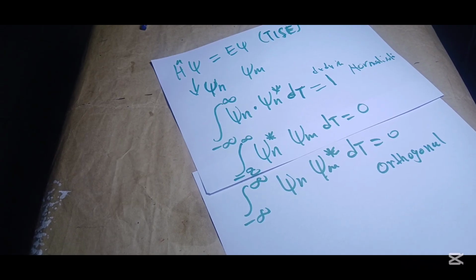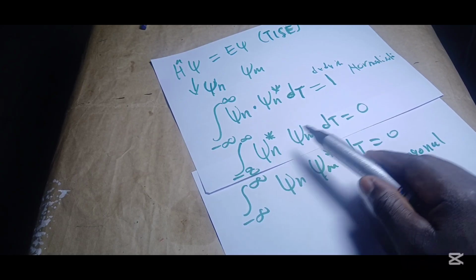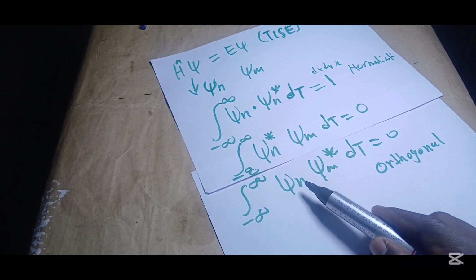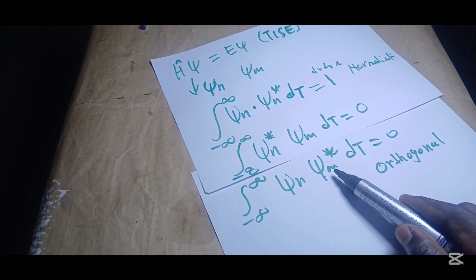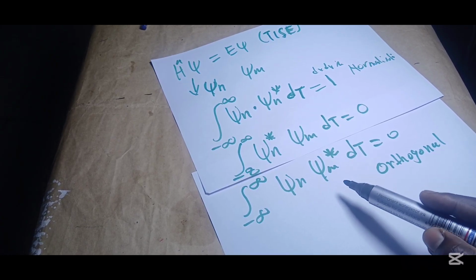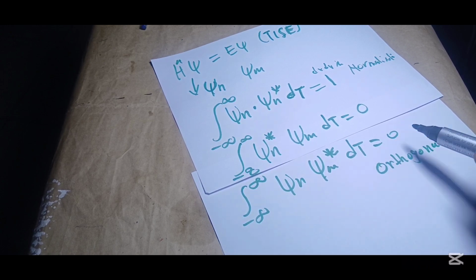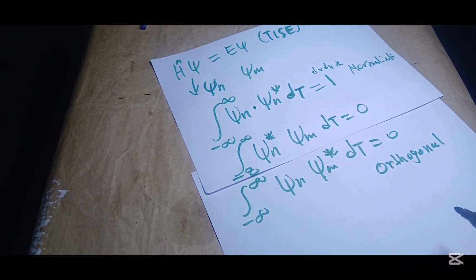It depends on which one is the complex conjugate. Either psi n can be the complex conjugate and psi m the normal wave function, or the same thing happens the other way: if psi n is the normal wave function and psi m is the complex conjugate, the result of integrating the probability density from negative infinity to positive infinity, giving us 0, tells us that these two wave functions are orthogonal to each other.